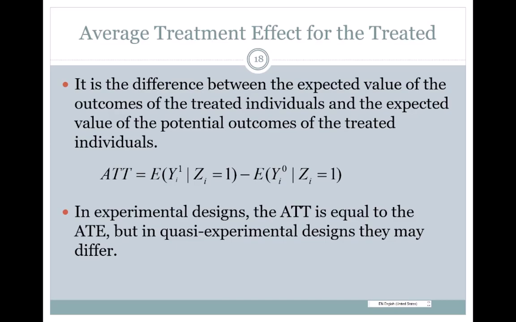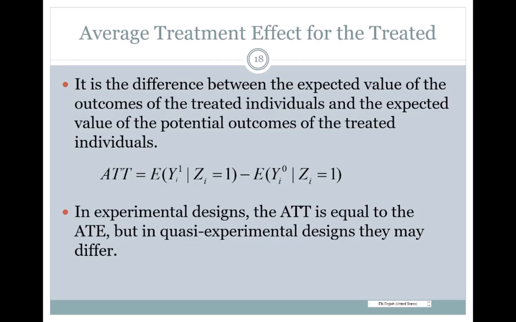Right. So it's answering what is the treatment effect only for those that are treated. Now in randomized experimental design, because the treated group and the control group are exchangeable, the ATE and the ATT are the same, but it's not true in quasi-experimental designs.